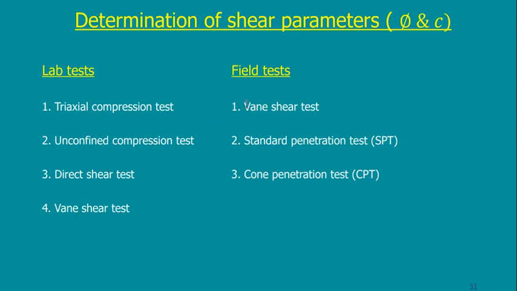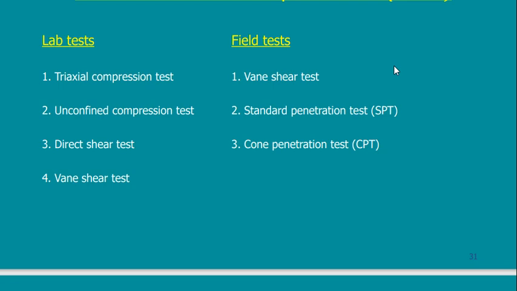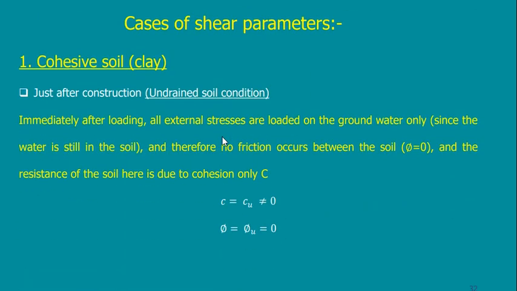Mainly vane shear is conducted in the field, and also the standard penetration test, which is the SPT test, and the cone penetration test, which is the CPT test. So you just know what the tests are that may result in having C and phi of the soil.